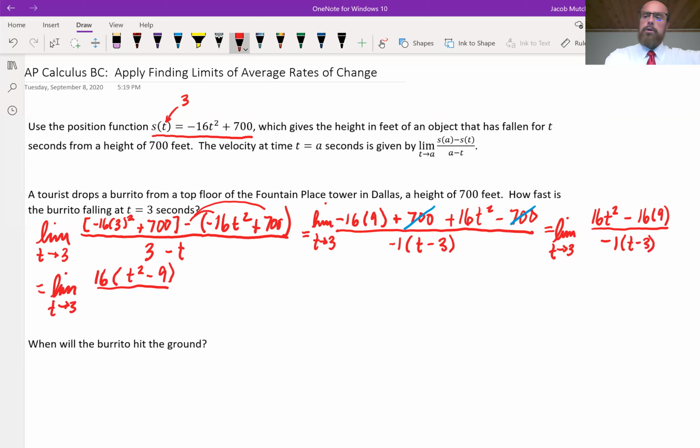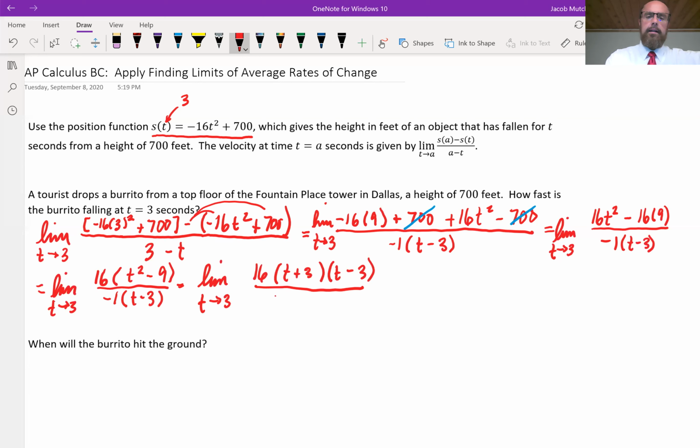Now I'm starting to recognize that as the difference of two squares. So I can factor that further in my numerator. The limit as t approaches 3 of 16 times, I can factor t squared minus 9 as t plus 3 times t minus 3.